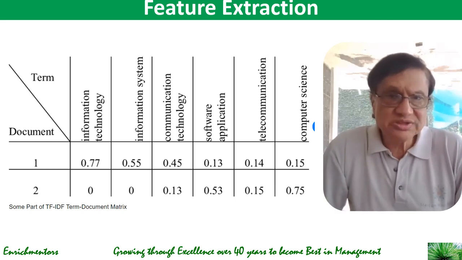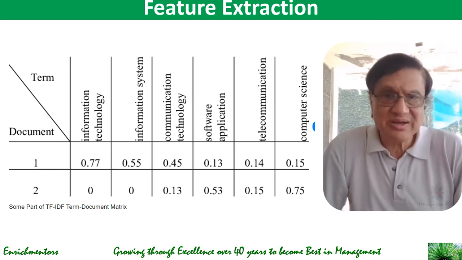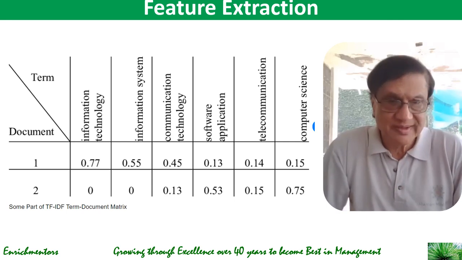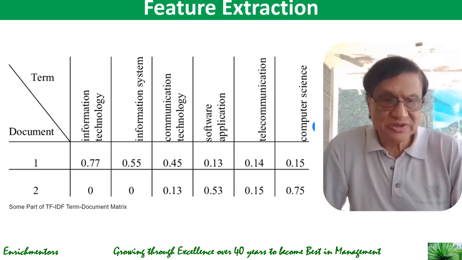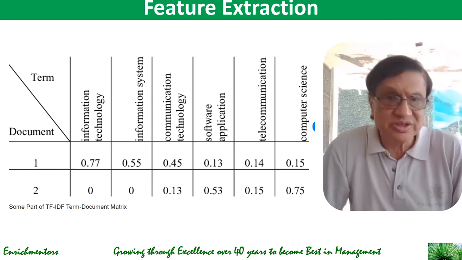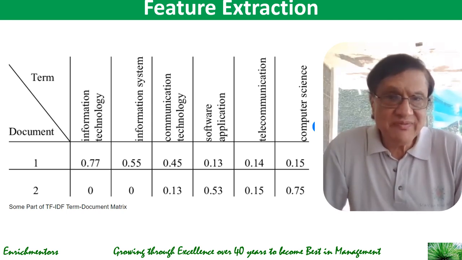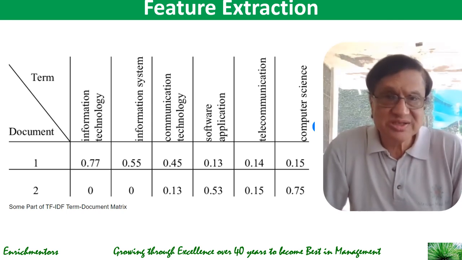Now these scores serve as the features that represent the importance of each term in each document, right? So on a scale, for information technology, it is 0.77 in the first document, whereas in the second document it is 0. The resulting TF-IDF matrix that you see here is typically sparse.